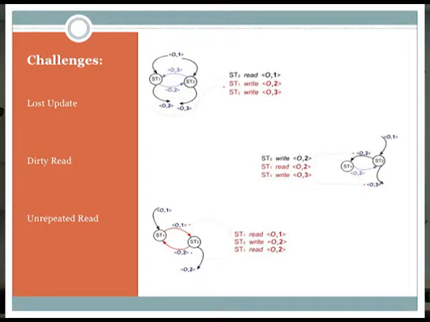This is dirty read. Unrepeatable read. In this scenario, sub-transaction 1 reads the data. Another transaction writes on top of that, and when transaction 1 wants to read it, it's not the same. That means you cannot repeat the same read on one data during the lifetime of a transaction.